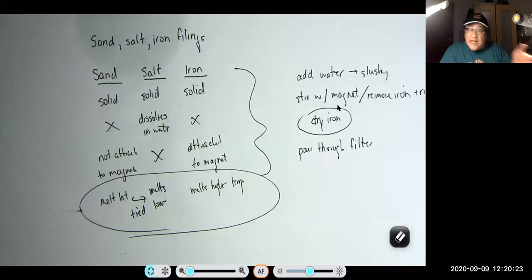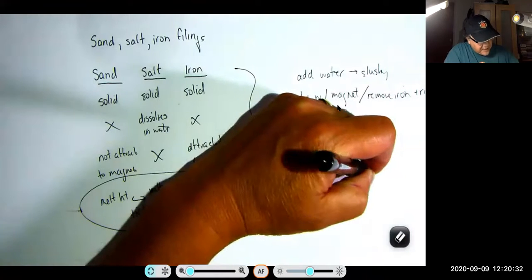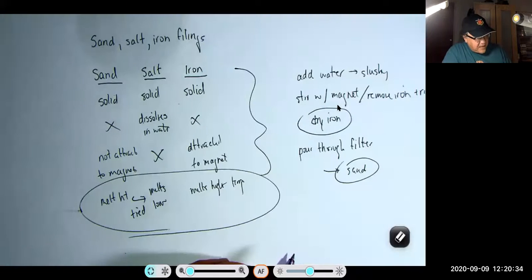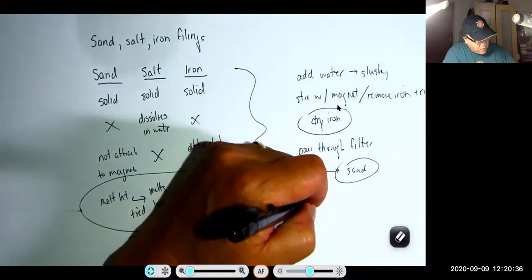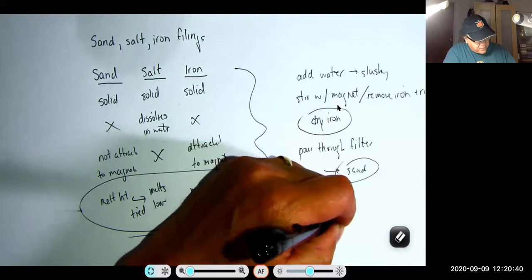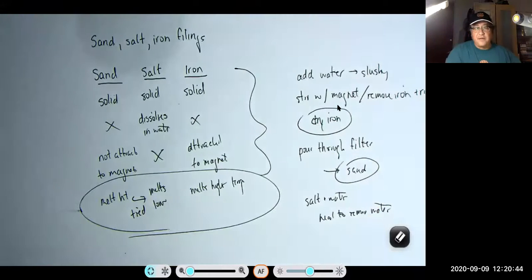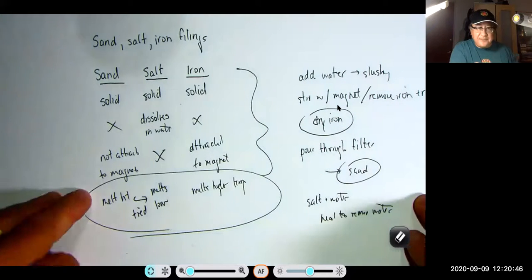You're going to rinse the sand off with water to remove all of the salt water from the sand. Put the sand off to the side. And you're going to dry it, and you've got the sand. And now you have salt and water, and you're going to heat to remove the water. And boom, you separated those three things.